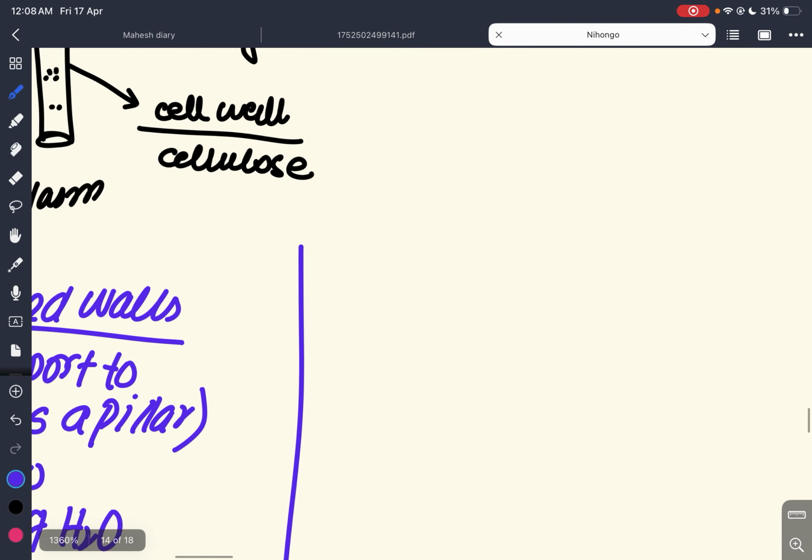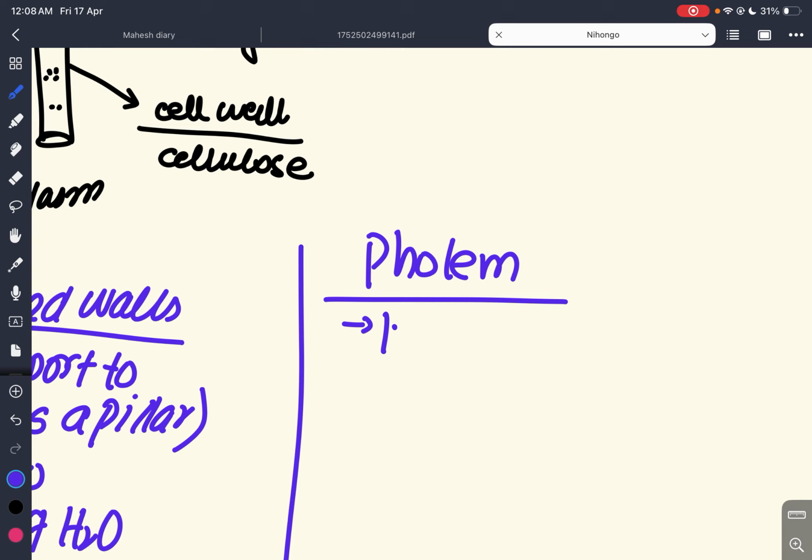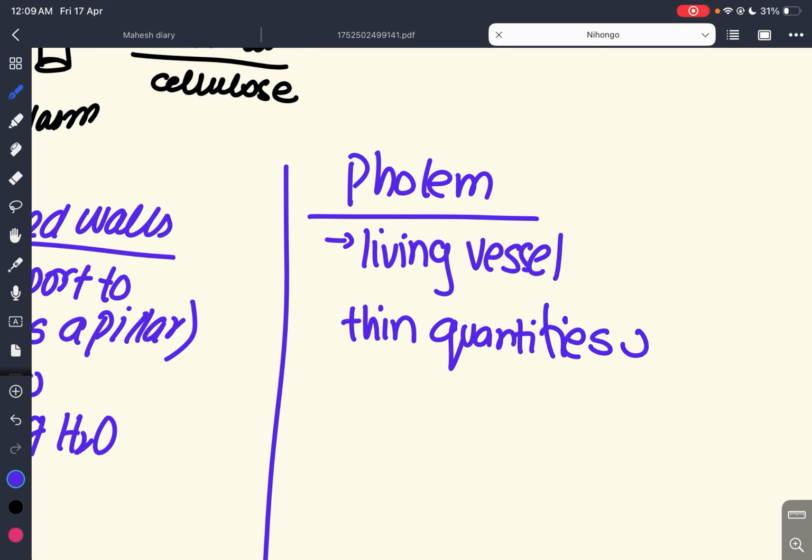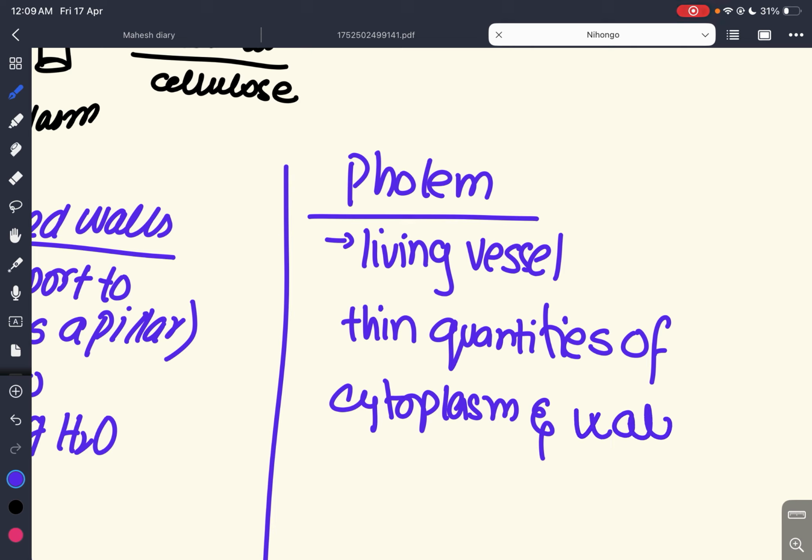Now when we talk about the phloem vessel, we know that it is a living vessel. It's not dead if we compare it to the xylem. In the paper they can ask you the comparison, but that's not very prominent. It actually runs along the xylem. It has thin cytoplasm, and walls made up of cellulose.